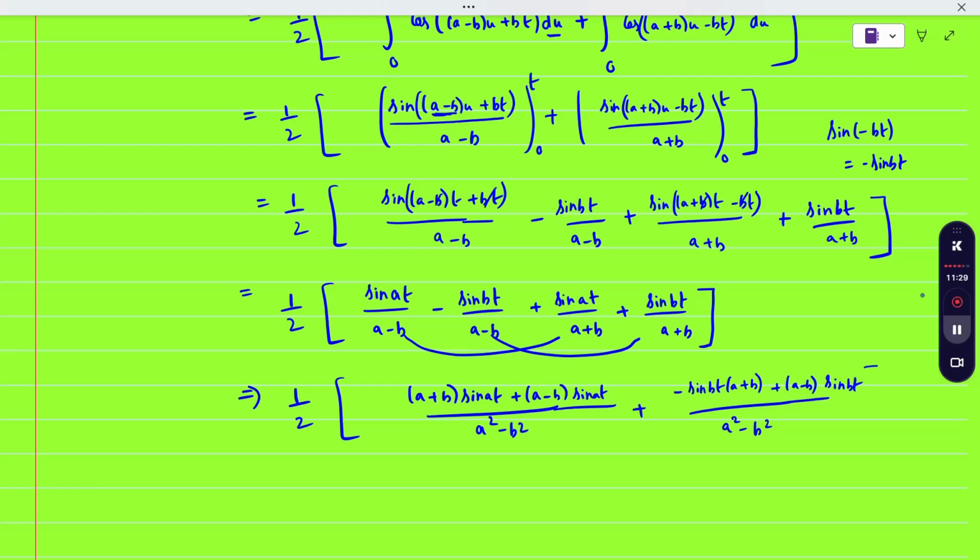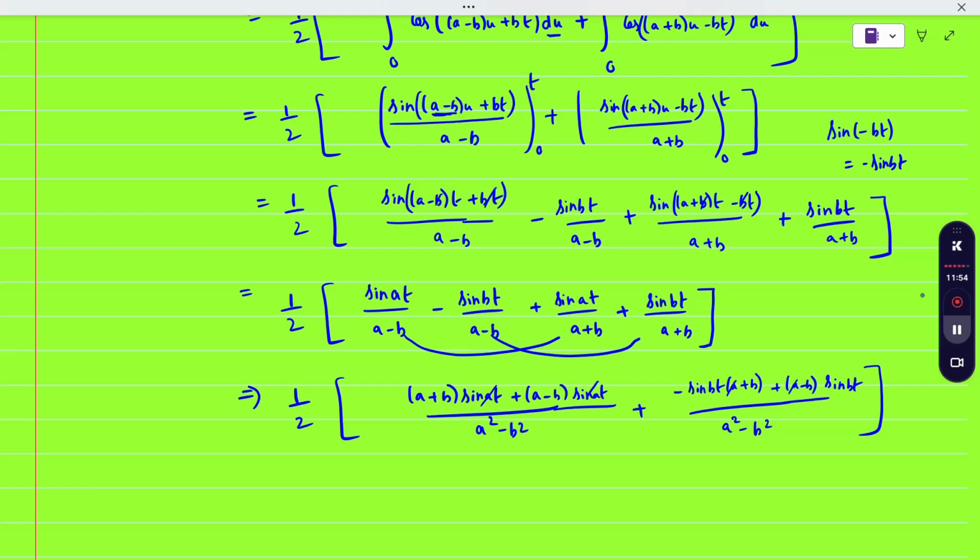Which terms get cancelled? You have to check: in this, minus sine bt, the b term gets cancelled, and the a term gets cancelled, a plus here and a minus there.